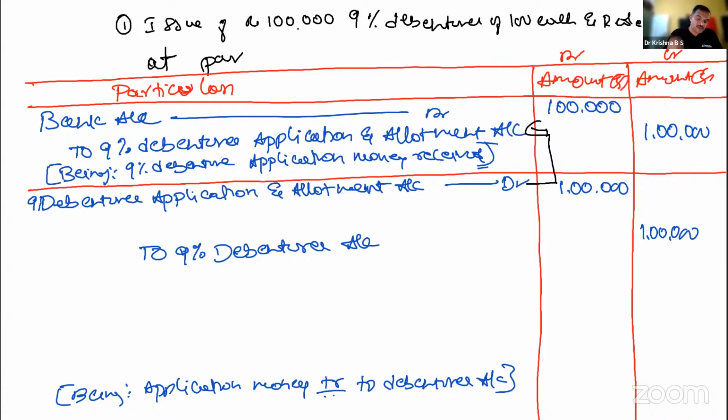Okay, let's go to the second case. Case number 2. Case number 2 is issued at discount and redeemable at par.